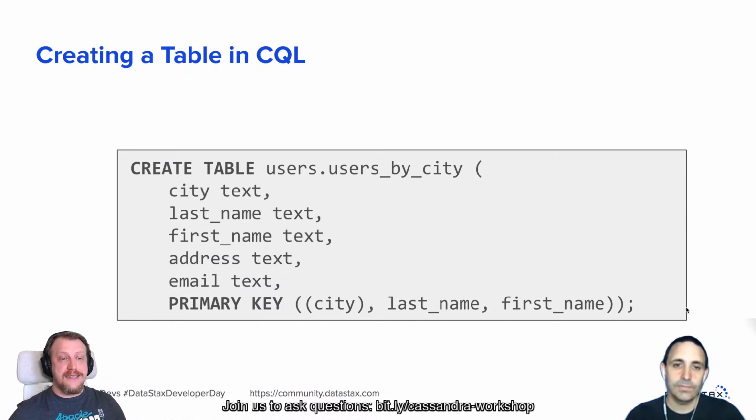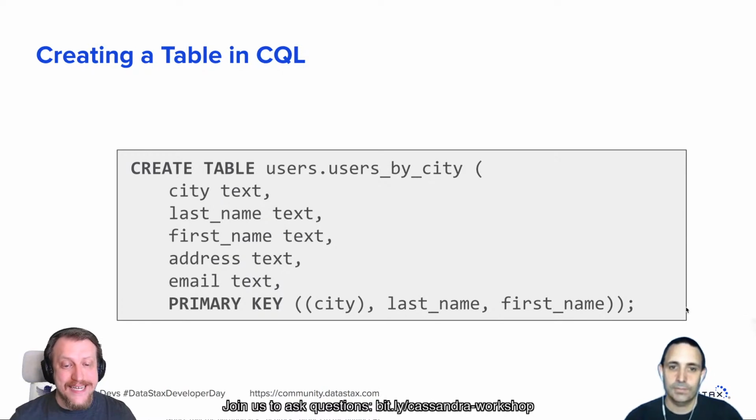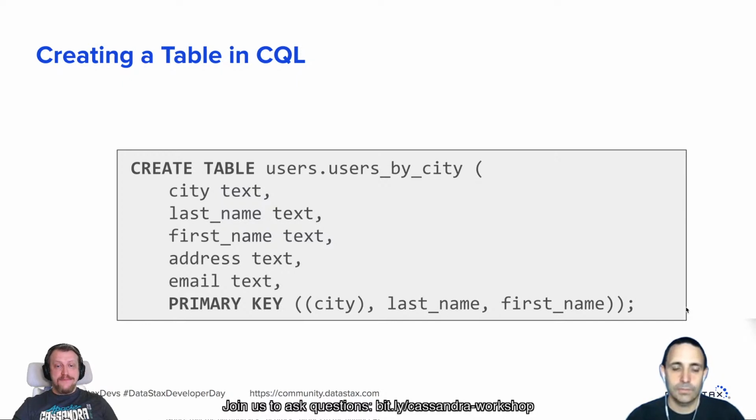And in the last line, take a look: primary key, city, last name, first name. City in this case is the partition key. See how it's specified in the very beginning with brackets. City is in this case a partition ID.